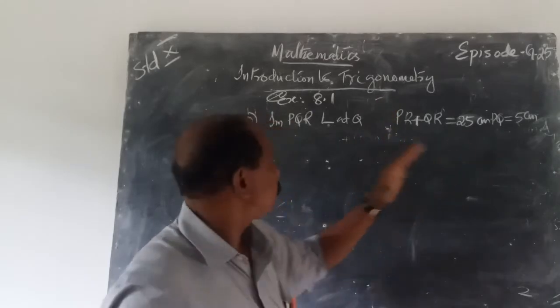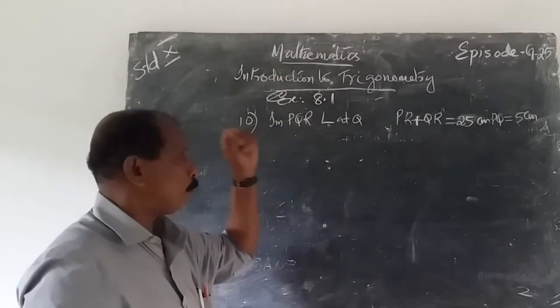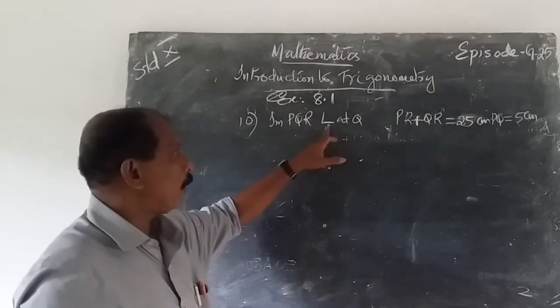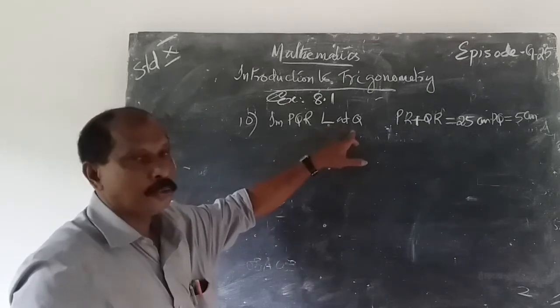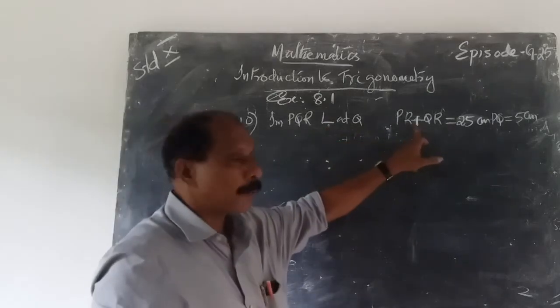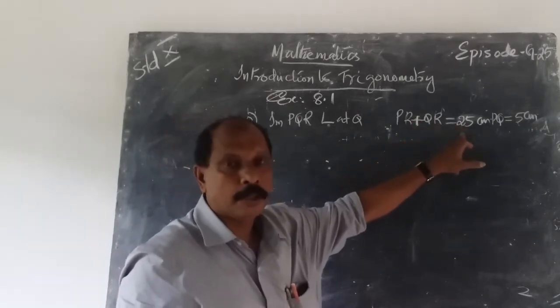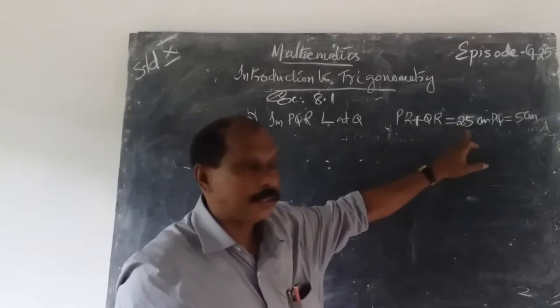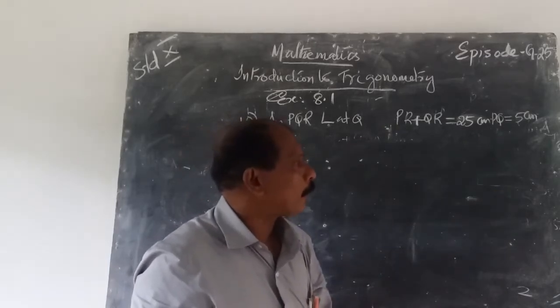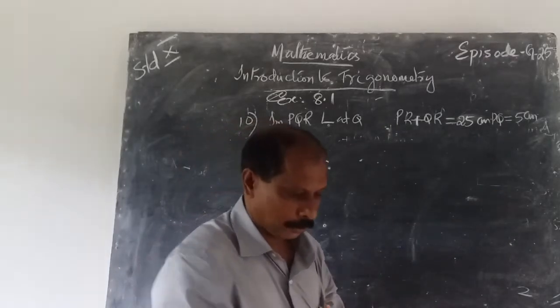The correct statement is: in triangle PQR, right angle at Q, PR plus, not minus, QR is equal to 25 centimeter, not 2.5, and PQ is equal to 5 centimeter.